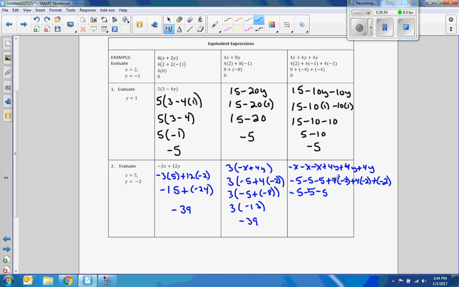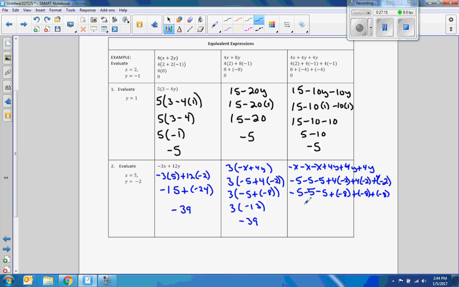And now it's plus 4 times negative 2, which is negative 8, plus 4 times negative 2, which is negative 8. Should be a 4 times negative 2 here, so plus negative 8.